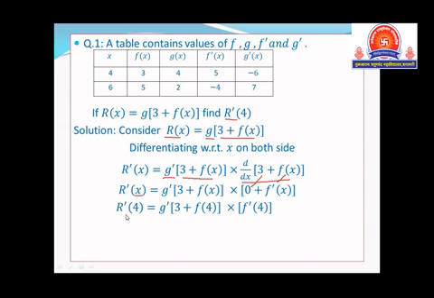R dash of 4 is equal to g dash of 3 plus f of 4 into f dash of 4. Only we put here x is equal to 4 in LHS and RHS. Now next part is very important, because the given table is required here.